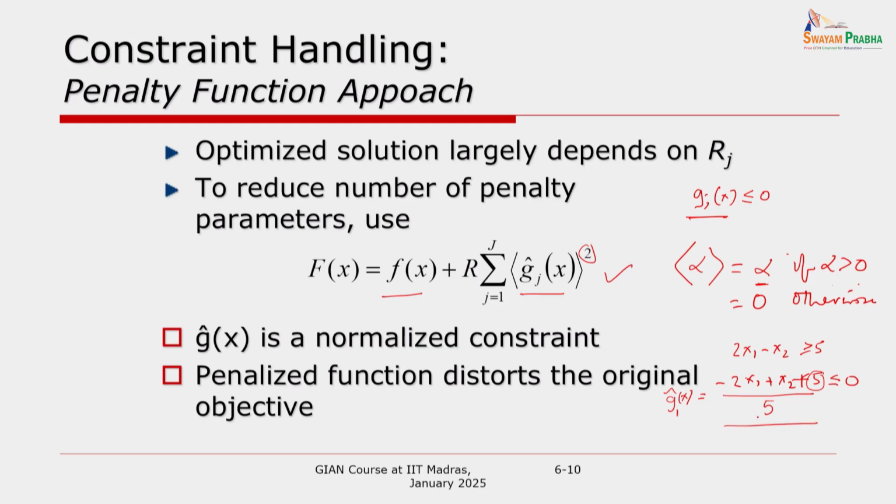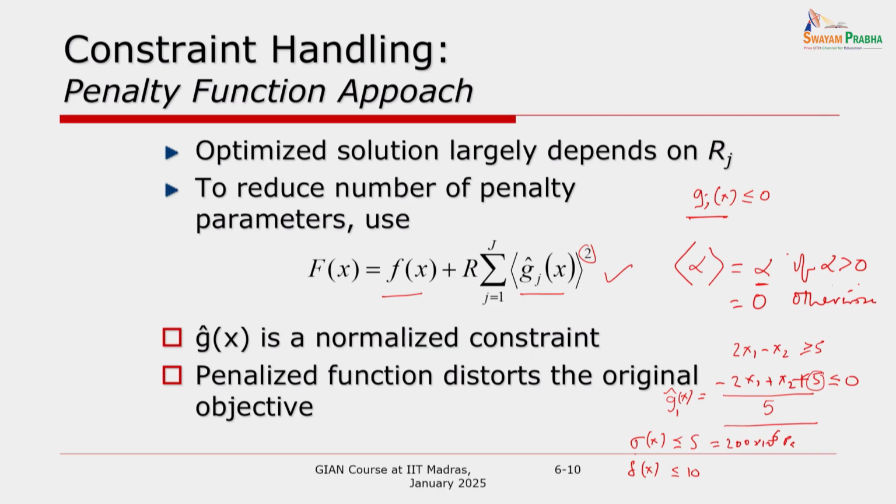Why? Because I may have a stress constraint that says stress should be less than or equal to strength. And the strength values are usually large, like 200 megapascal, or times 10 to the power 6 Pascal for steel, right? I can have another constraint like the deflection, which could be less than or equal to, say, 10 millimeter.